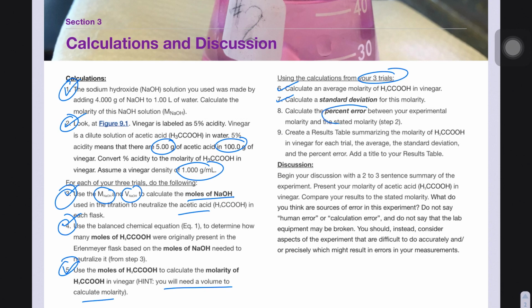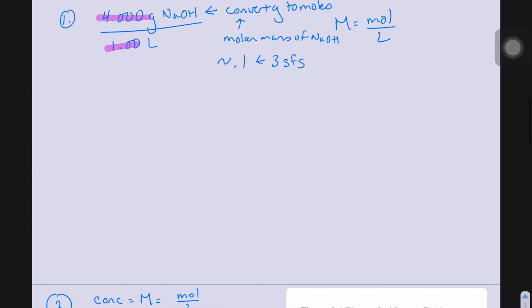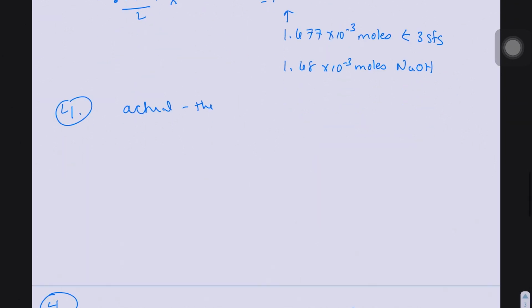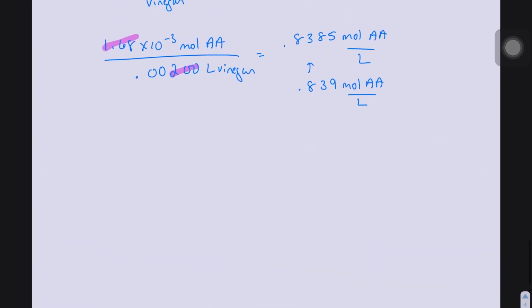If you click on these are definitions in your lab manual, it will bring up the formula for percent error for you. But percent error is just actual minus, whoops, I'm in the wrong place here. Let's go to step 5.